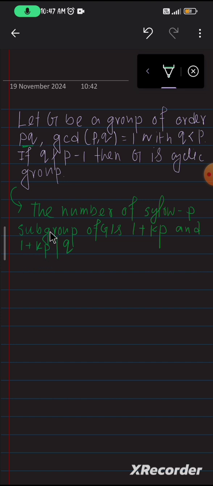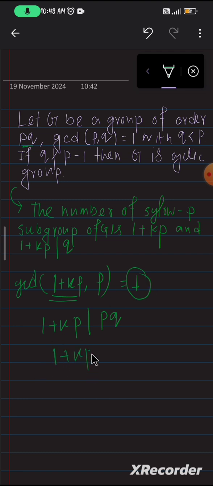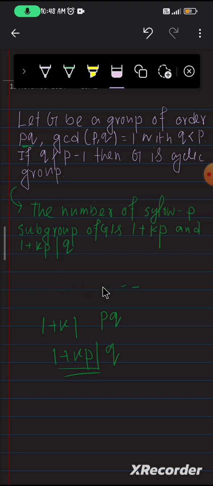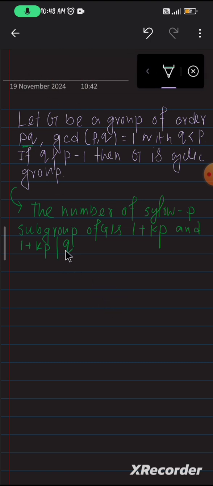Since GCD of 1 plus Kp and P is 1, we can write that 1 plus Kp divides only Q. By Sylow's third theorem, 1 plus Kp divides the order of the group, which is PQ, but the GCD is 1, so 1 plus Kp divides Q, where K is a non-negative integer.